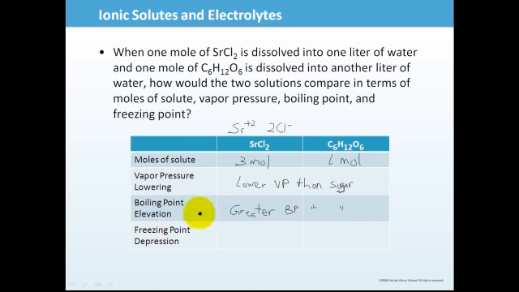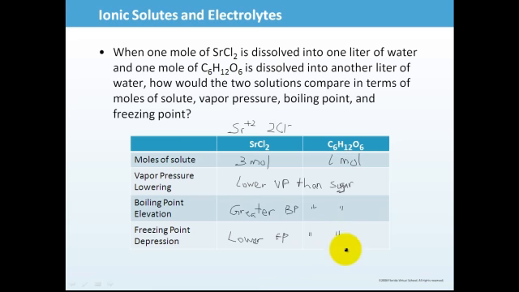And then finally, freezing point depression, same type of thinking. They both go down, but the SrCl2 will go down more because there are more particles dissolved in solution. So we would have a lower freezing point for the SrCl2 than the sugar.